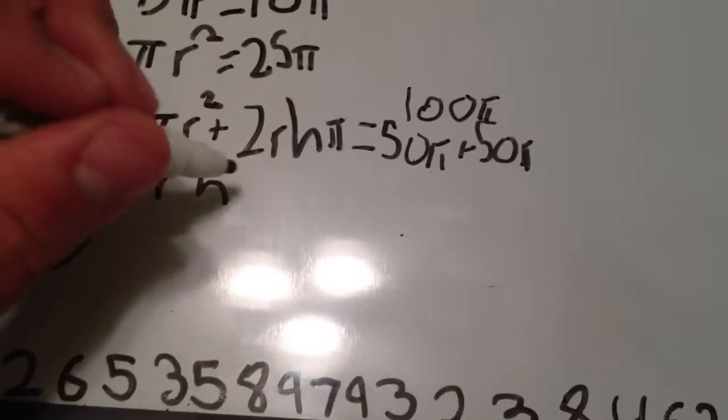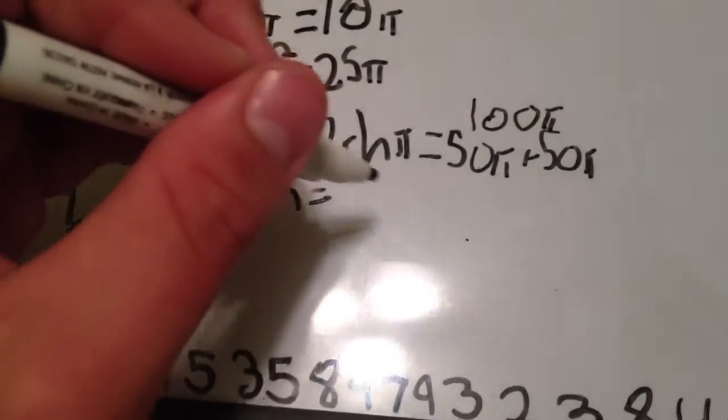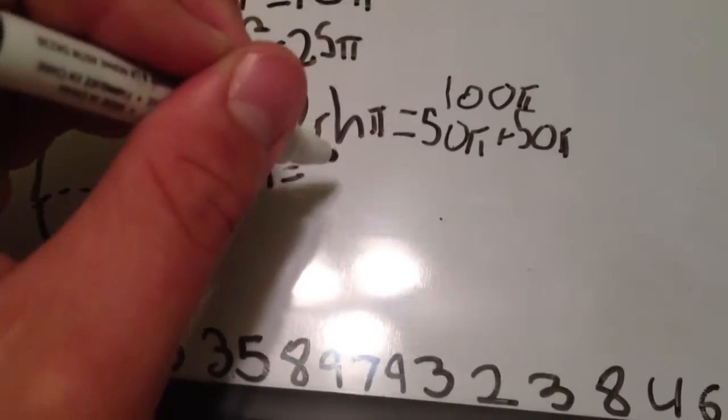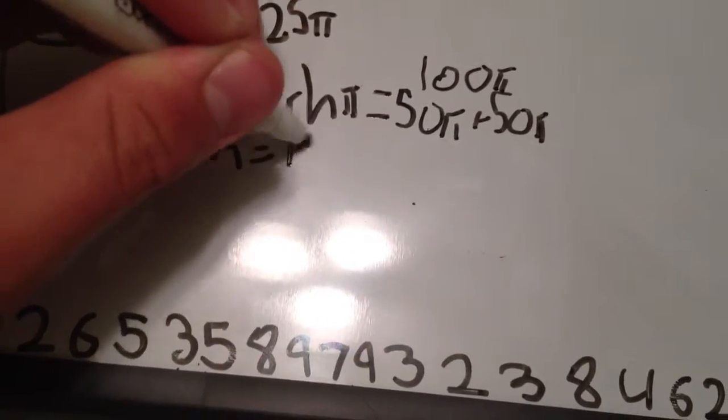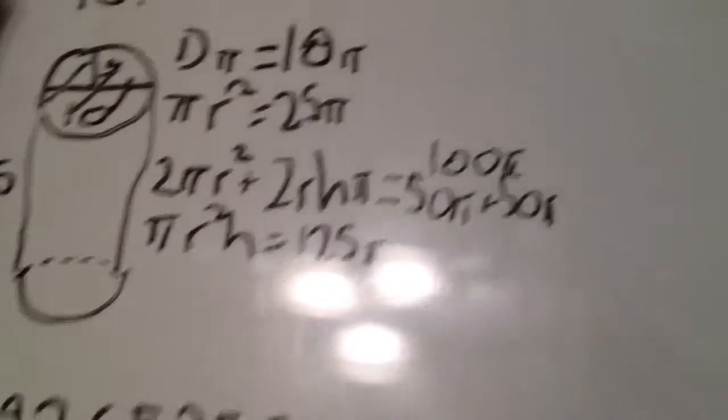And with the volume equation, with the parameters set, it would be 25 pi times 5, making 125 pi.